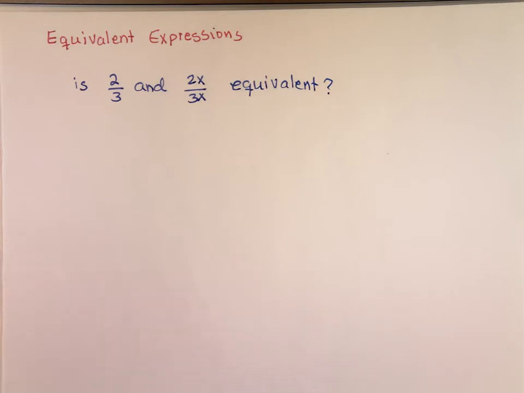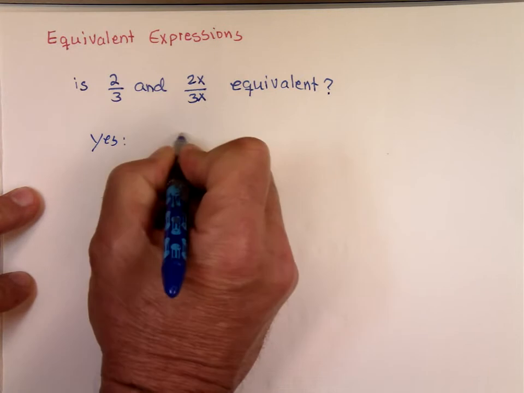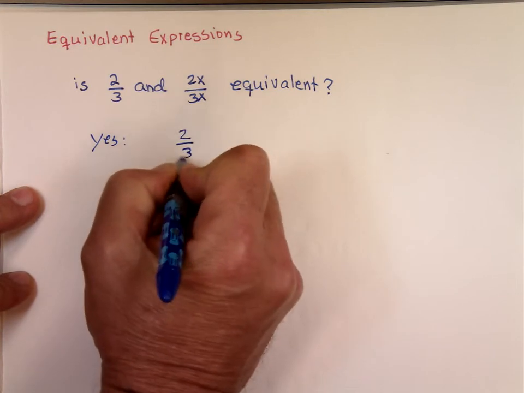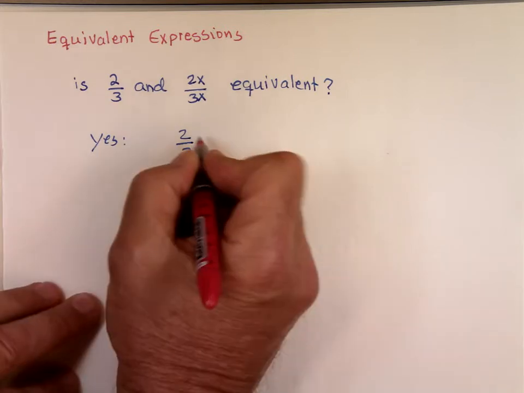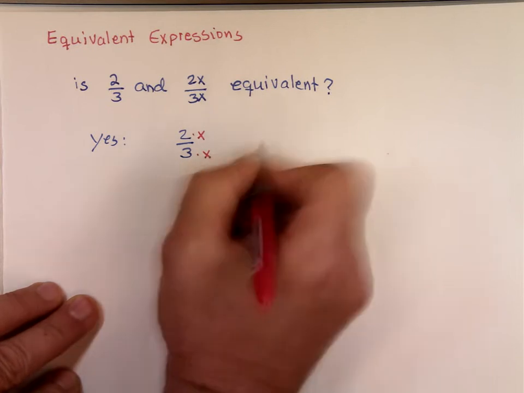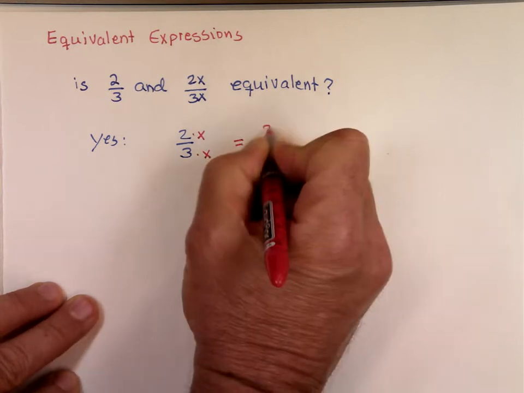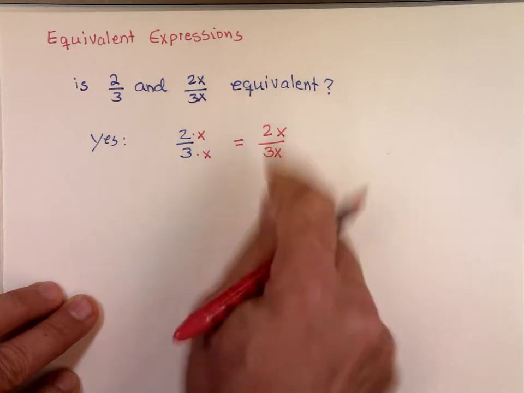And the answer is really yes. Why? Because if you take the 2 over 3, that's a fraction. If you multiply the top and the bottom by the same thing, you will not change the value of that fraction. So if I multiply the top and the bottom by x, what are you going to have? You will have 2x over 3x, which is that one.